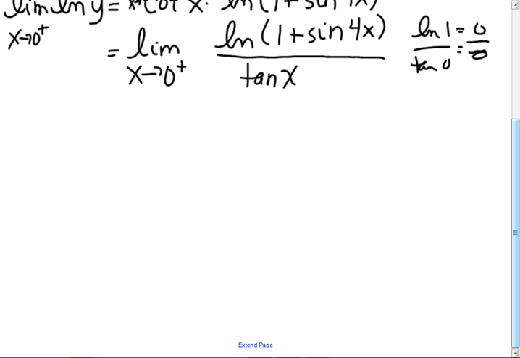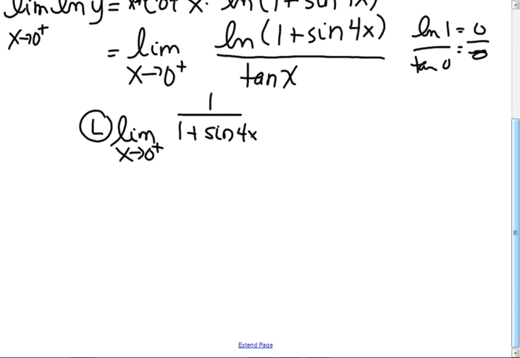We're still left with the limit on the left as it is. So it's 1 over 1 plus the sine of 4x, times the cosine of 4x times 4.